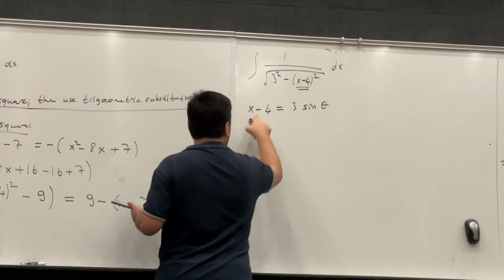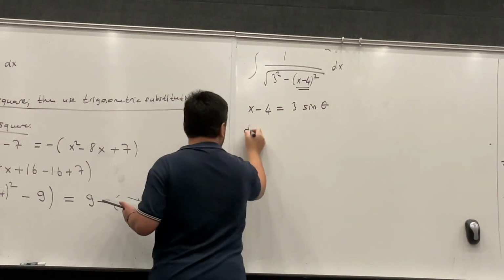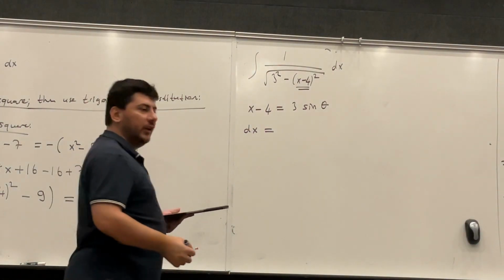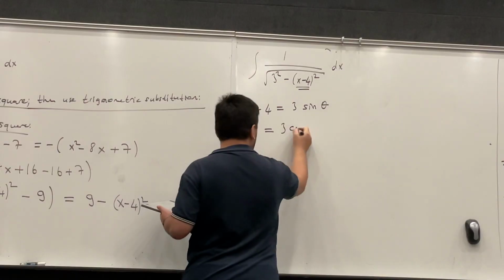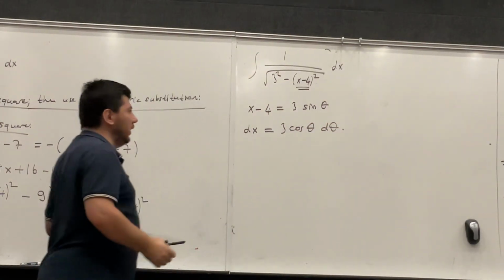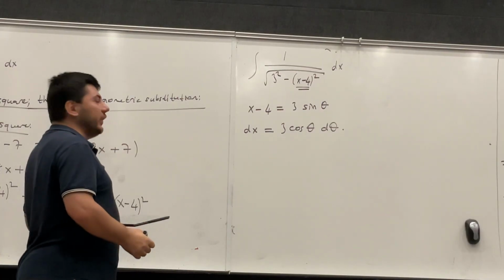Now, what is dx then? If you take the derivative of this, what's the derivative of sine? Cosine theta d theta. What else do we need?